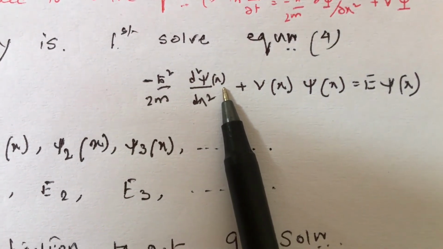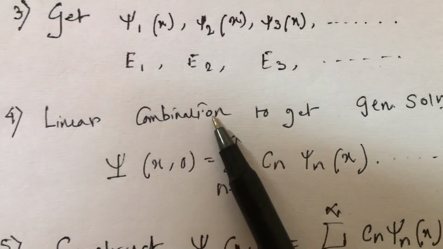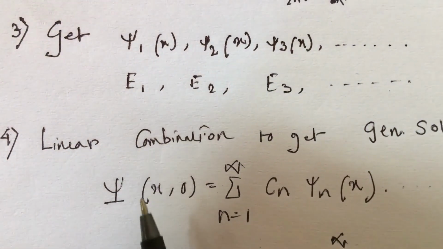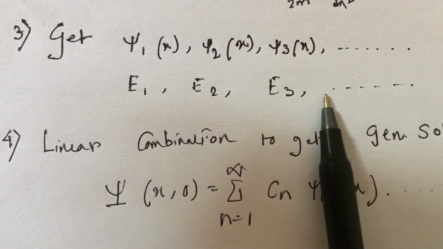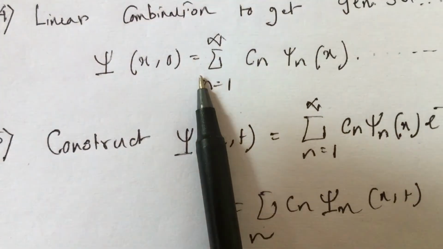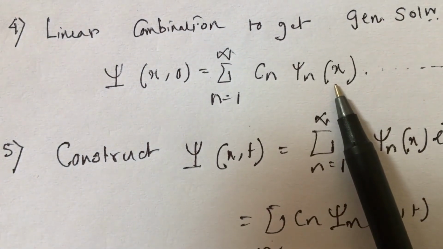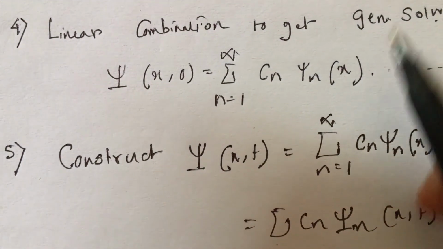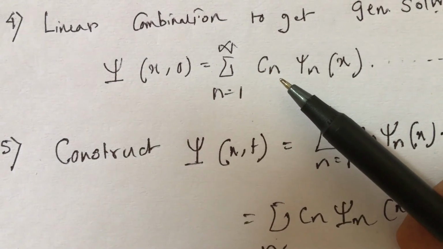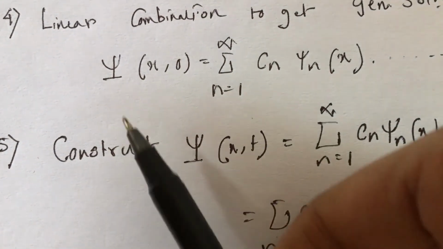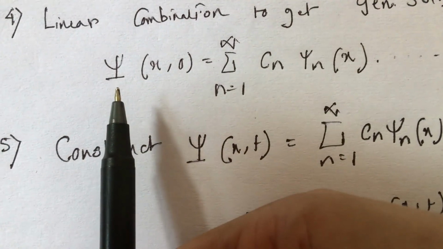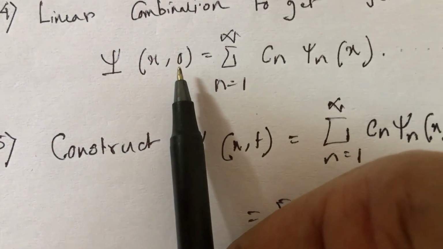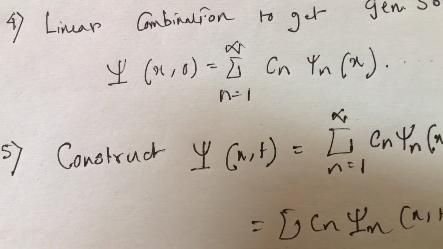Once I get the spatial wave functions like psi1, psi2, psi3, etc., with the energy values E1, E2, E3, etc., I will make a linear combination of the spatial parts, and by applying the proper initial condition I will find out the values of the coefficients, and this will give me the general solution capital Psi at time t equal to 0, that is the initial solution of the Schrödinger time dependent equation.